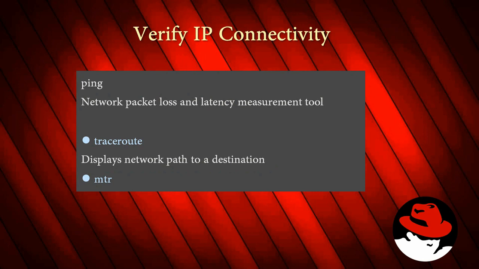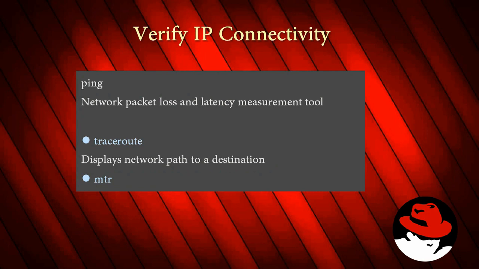When it responds, as if saying, hi there, I am Google, I am ready to connect with you, that is the handshake in networking terminology. Your computer will show different lines executing one by one on your screen. Then your computer is connected to the Google server. The ping command is used to verify IP connectivity.